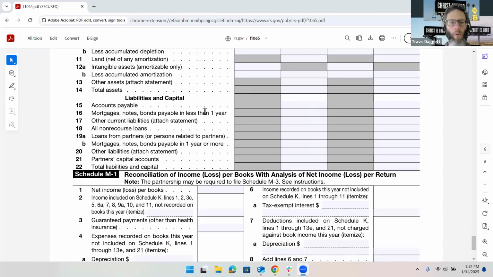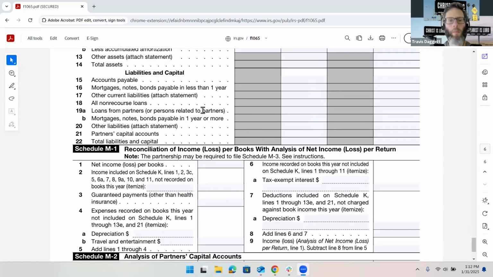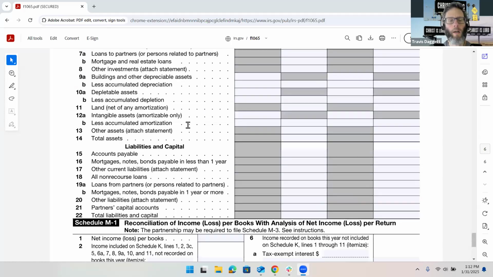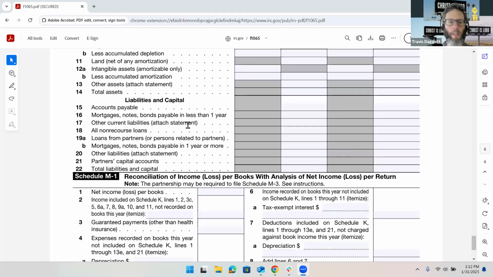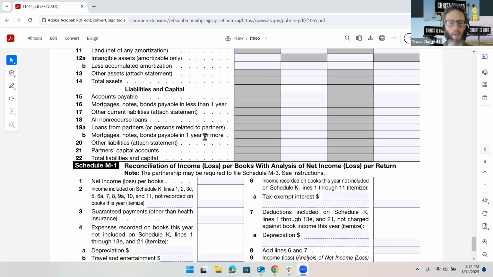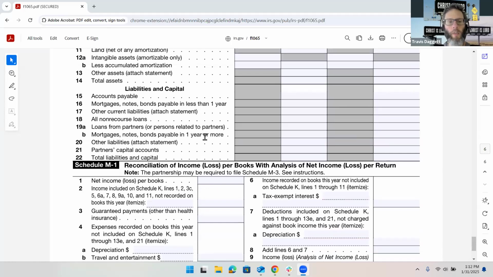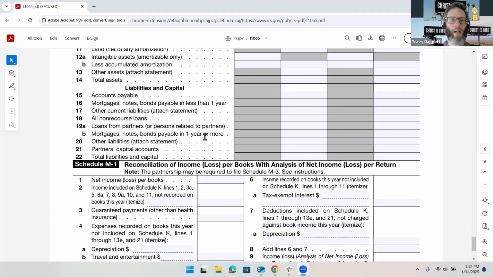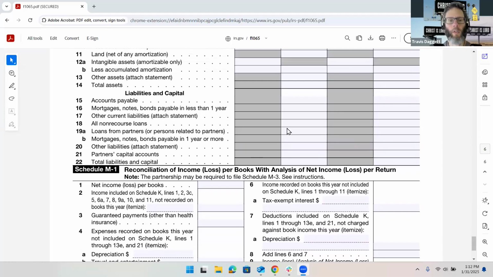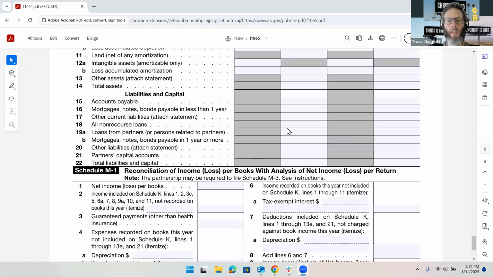Down here, you're the borrower. Loans from the partners. It's a little confusing. Up here, they call it loans to partners, which is the correct nomenclature. That's loans you make versus loans that you take out. And then the total liabilities and capital, of course, equals your total assets.